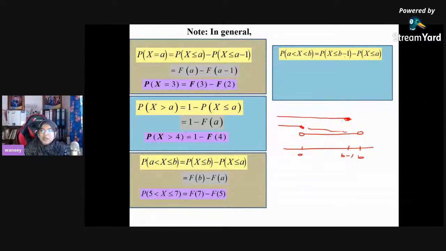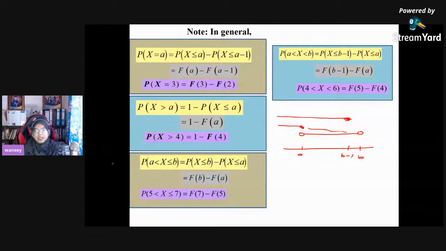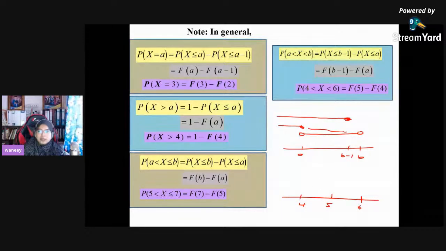That is why we have the probability for x less than or equal to B minus 1, minus the probability for x less than or equal to A. Okay, so for example, this is 4, this is 5, this is 6. Somewhere in between 4 and 6.